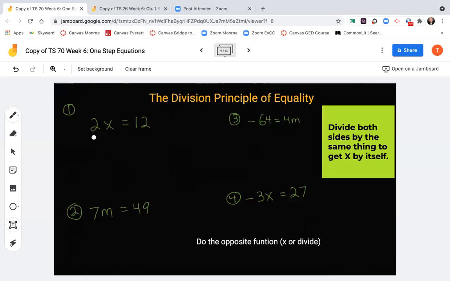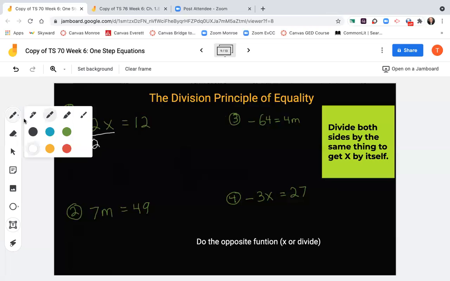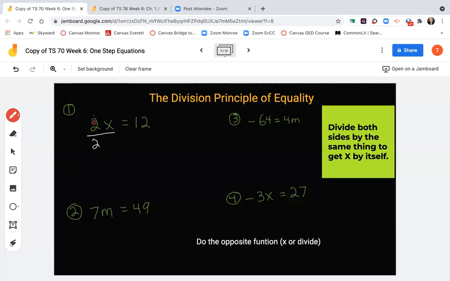If I wanted to get x by itself, if I divide this side by 2, then those 2s are going to get canceled out. 2 goes into 2 one time, and so you have 1x, which is the same as just x.